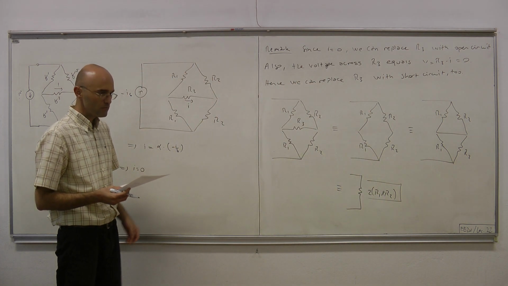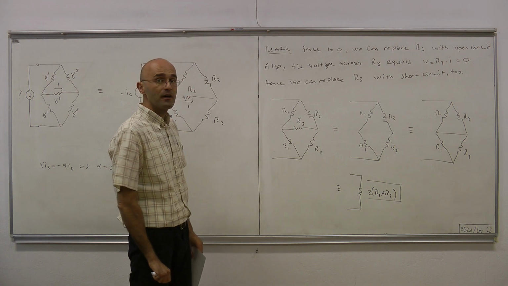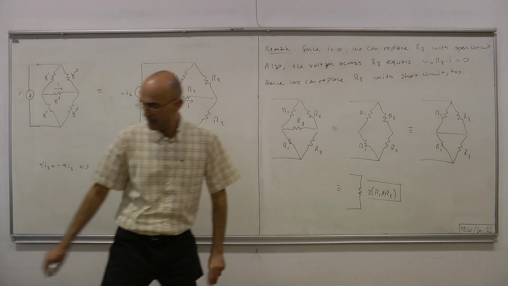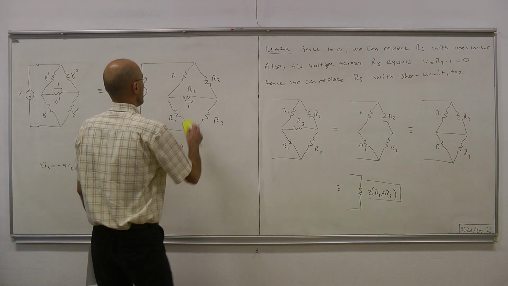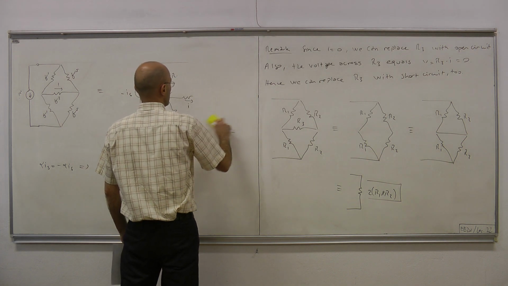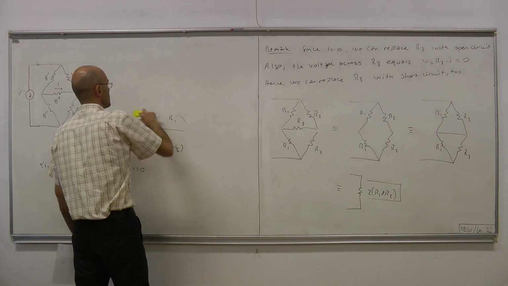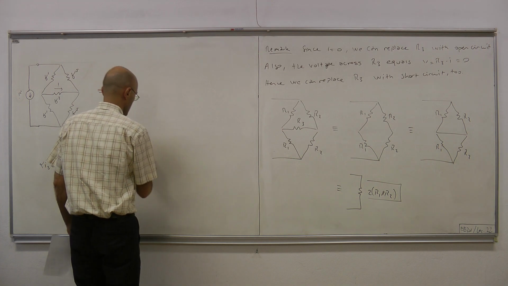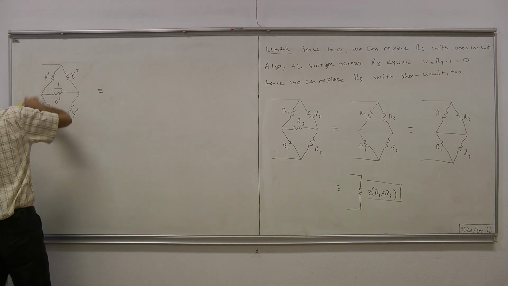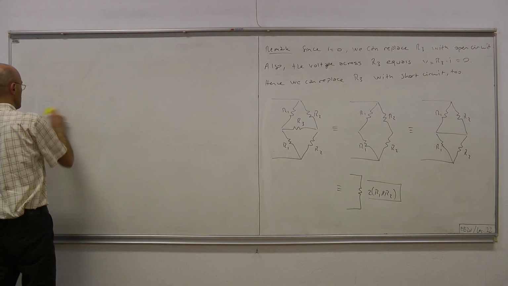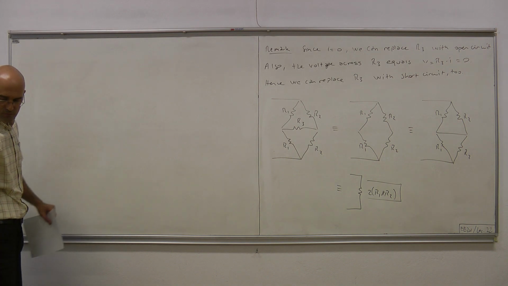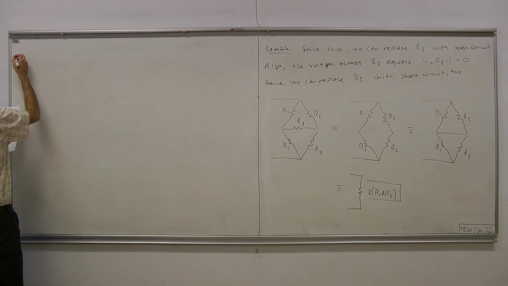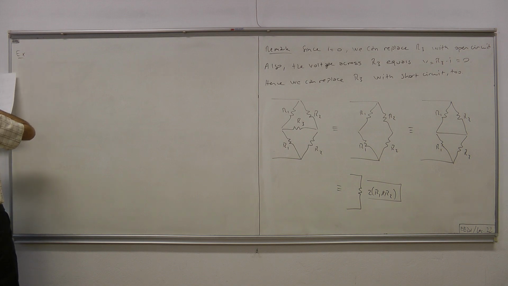Now let's see another type of symmetry, and again try to figure out the input resistance. Example.